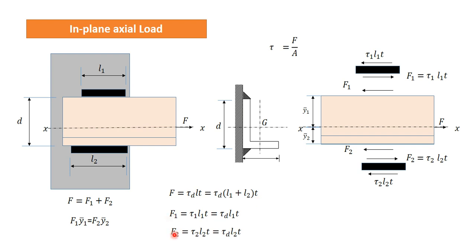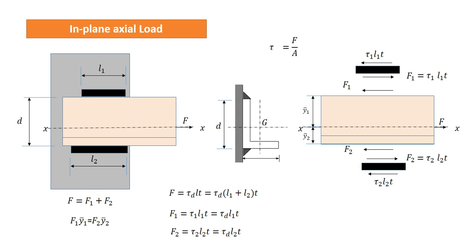F1 and F2 are given by this, so F is sigma 1, and just see we have replaced sigma 1 by tau d and sigma 2 also by tau d. It means we try to keep the maximum stress induced in this weld and this weld the same. Otherwise one weld will be overstrengthened and the other weld will be weaker, and we are just wasting weld unnecessarily.